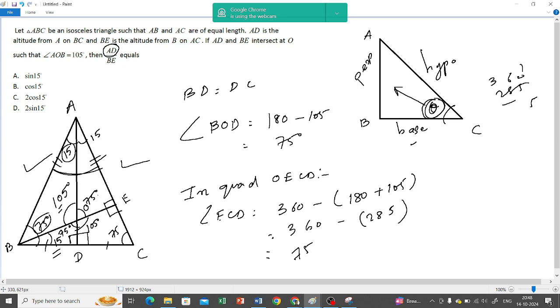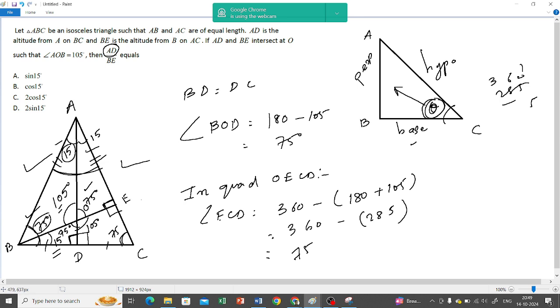এটা যদি 75 হয় তাহলে অ্যাঙ্গেল AOE টাও 75 হবে, ভার্টিক্যাল অপোজিট। অ্যাঙ্গেল AOB এর সাথে অ্যাঙ্গেল DOE ইকুয়াল, ভার্টিক্যাল অপোজিট। ঠিক আছে? আচ্ছা এবার এটা যদি 75 হয় আর এটা 90 বলে দিয়েছে, তাহলে এটা পেয়ে গেলাম 15 ডিগ্রি, তাহলে এটাও 15 ডিগ্রি। এবার এটা 15 ডিগ্রি হয়, এটা 90 ডিগ্রি অলরেডি বলে দিয়েছে, এটা পেয়ে গেলাম 75 ডিগ্রি। এটা 75 হয় এটাও 75 হবে, যেহেতু আইসোসেলেস ট্রায়াঙ্গেল। So now we have all the angles.